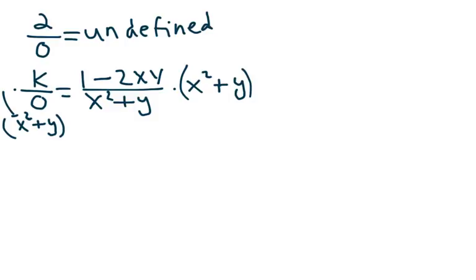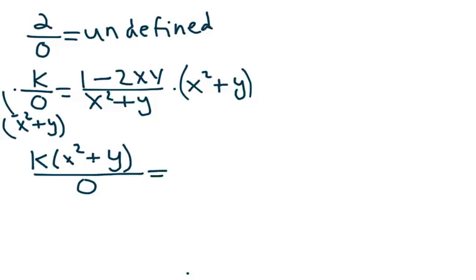So that way, we will have k times (x squared plus y) over 0, which equals, these cancel, 1 minus 2xy.